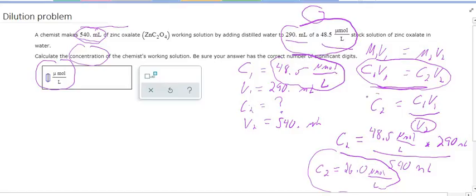I just solve for it algebraically. Sometimes you will have to find other concentrations or other volumes, so it's not just going to be concentration. Sometimes you'll have to find volume, and in fact many times when I work in the lab, it's the volumes that I need. I know the molarity that I need to be at, so I have to make the right volume to get the dilution just right.